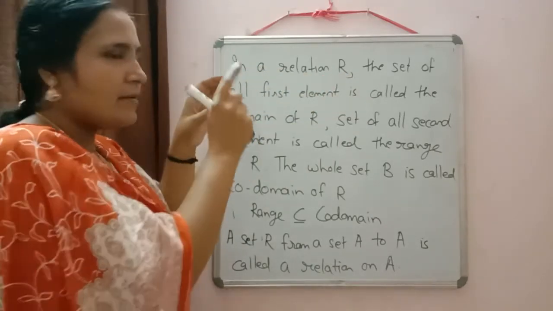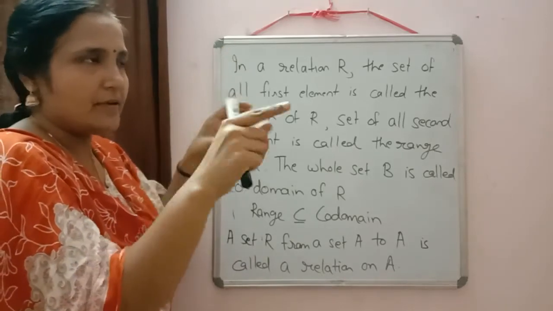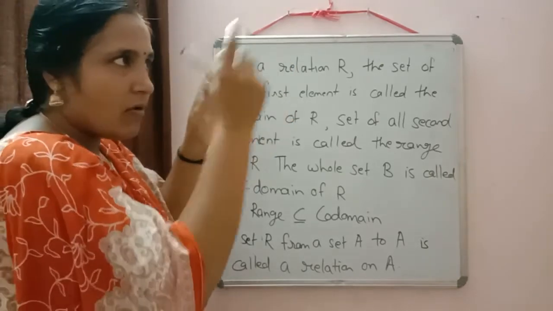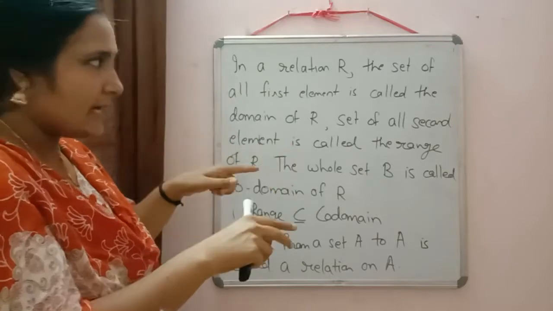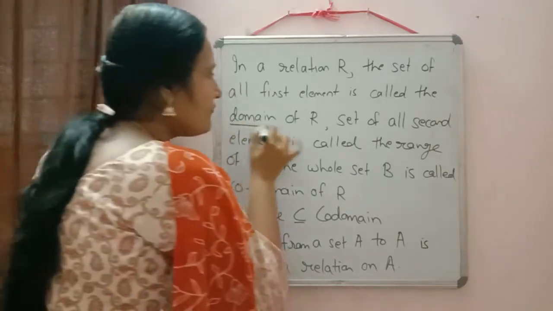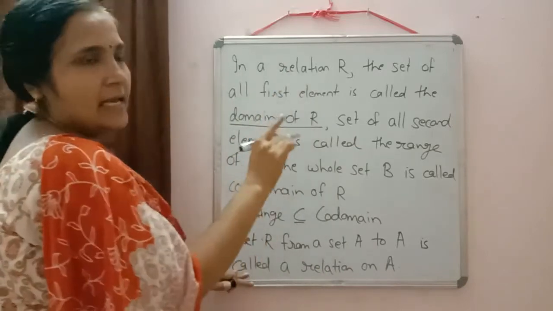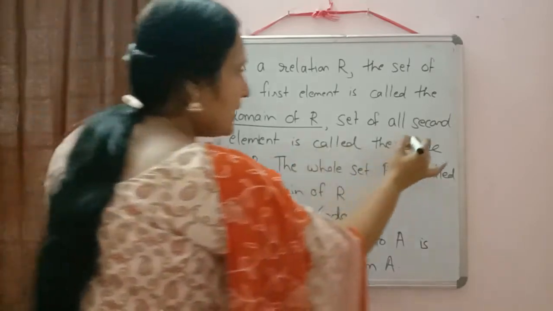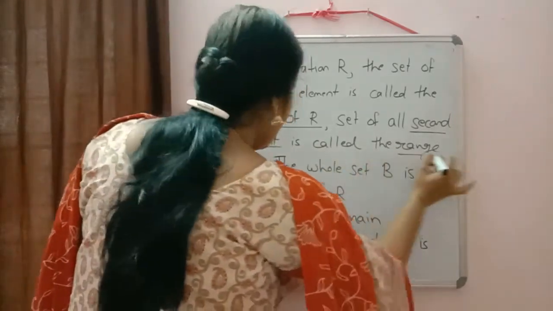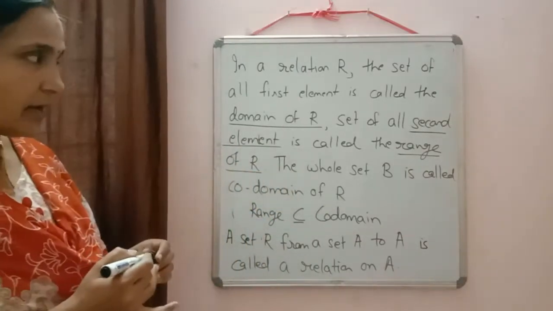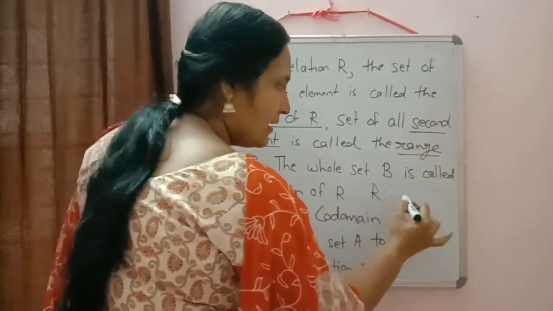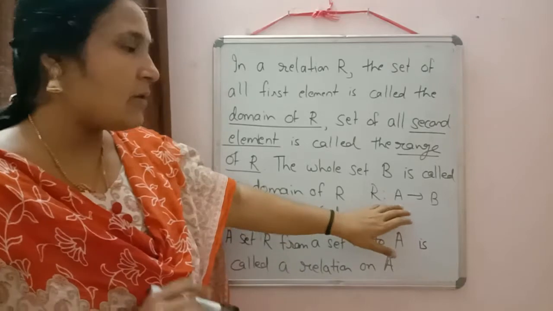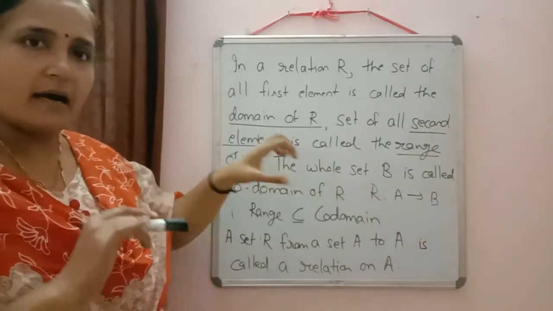So in the ordered pair, normally we are writing A as the first element. So when we write down all the first elements in a set, that set is called the domain of R. The set of all first elements is called the domain of R. And in the same way, the set of all second elements is called the range of R. So again, we are defining a relation R from a set A to set B. In that we will write down the particular elements which satisfy the relation.